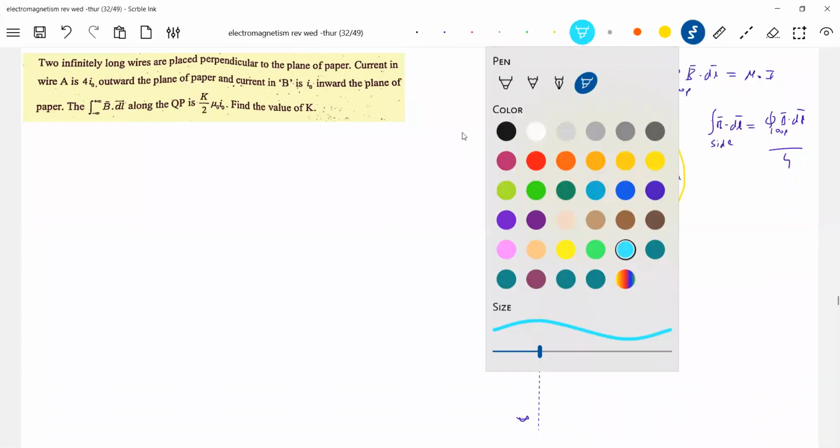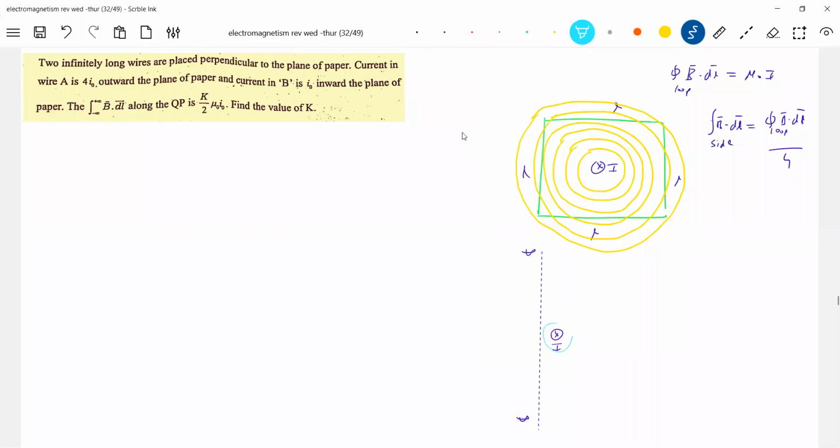I'll take the blue color one. And what should be the B bar dot dl due to this wire linking this infinite plane or line? Shall we say half of them will go there?